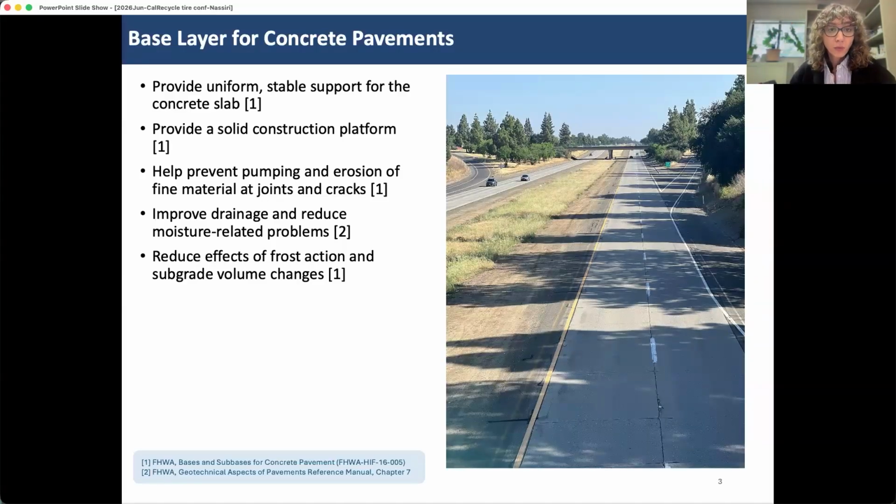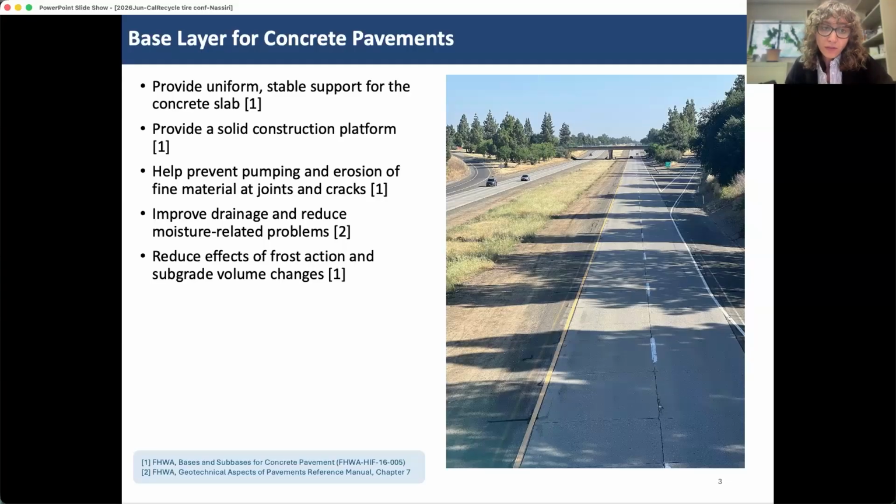This is important during construction, but it's also important during the service life of that concrete pavement, which is very long. It could be 60 years or more, 80 years, 100 years. We see birthday parties for 100-year-old concrete pavements.